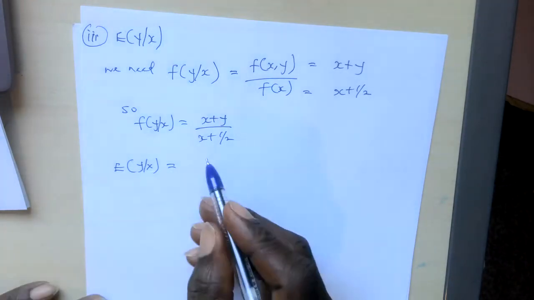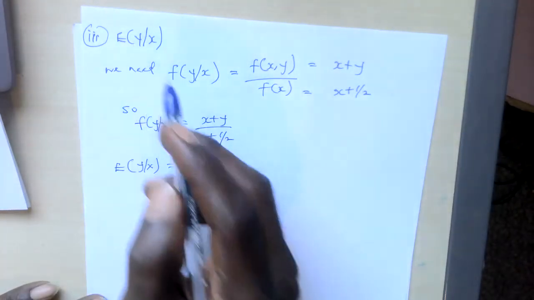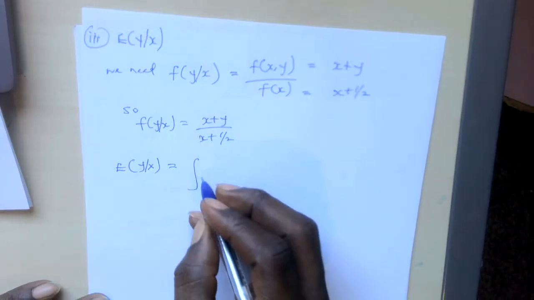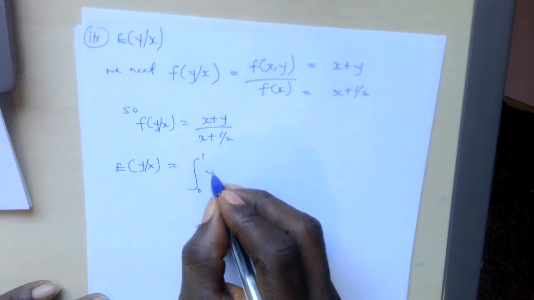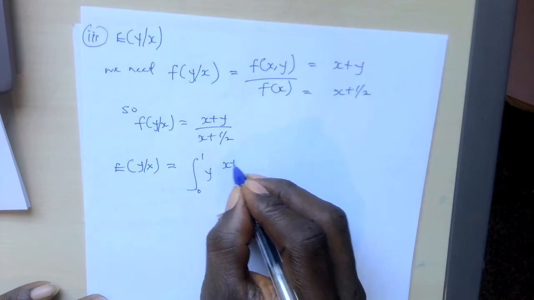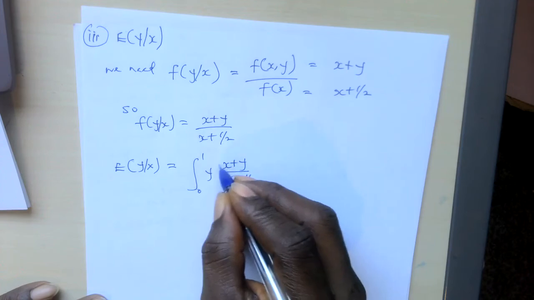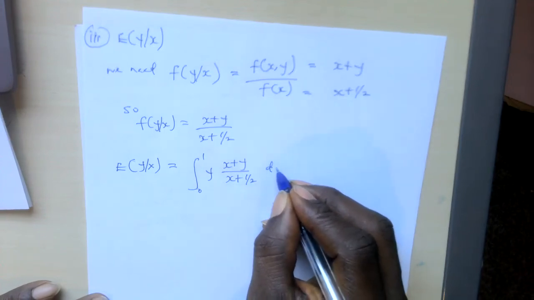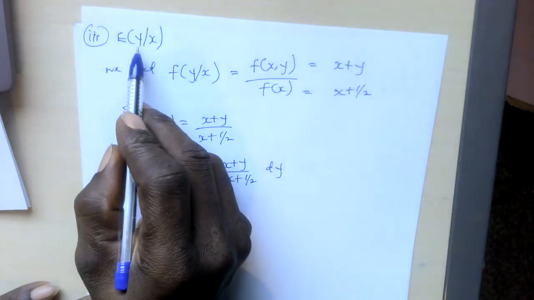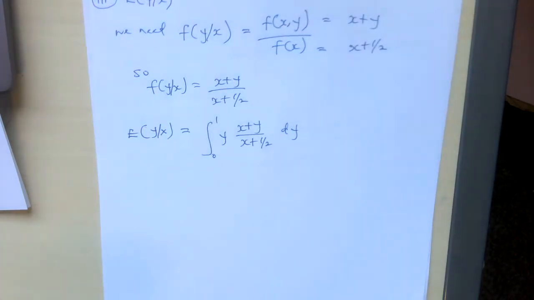So our main target is this. So we have the integral from 0 to 1 of y times x plus y all over x plus 1 over 2 dy, because the interest is dy.